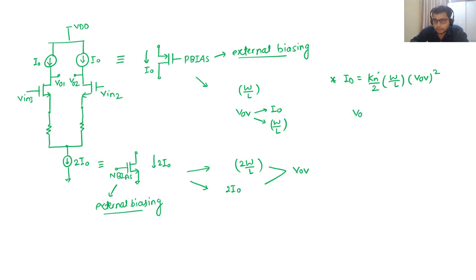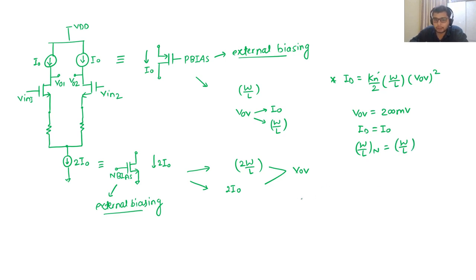For example, if I want to keep the overdrive at 200 millivolts, then for this particular value I have some ID, which is nothing but I0, and some W/L for this NMOS transistor, where L is L minimum.